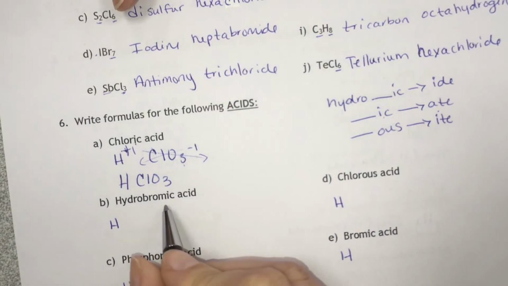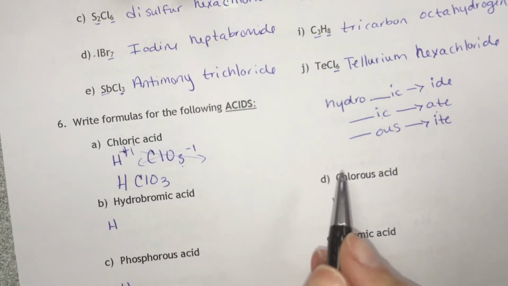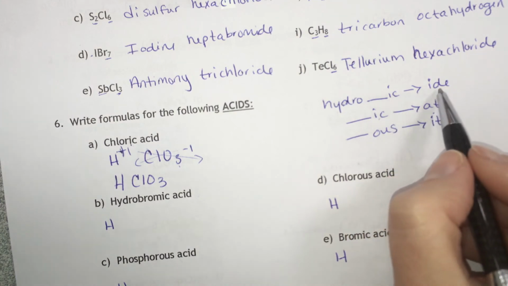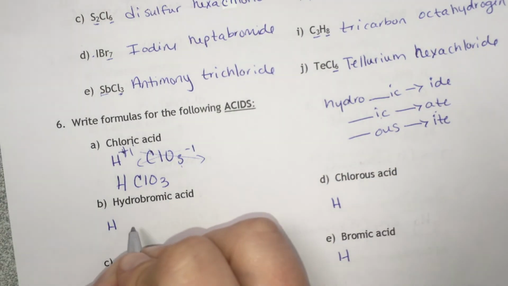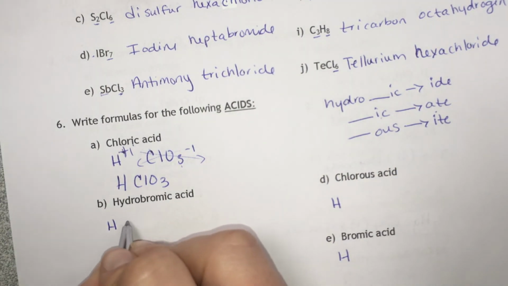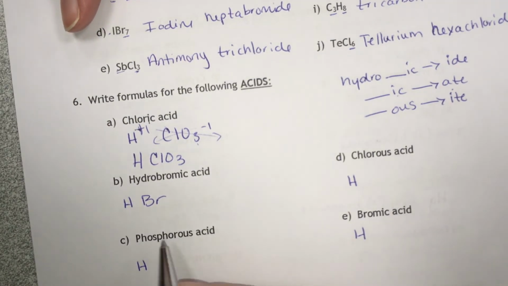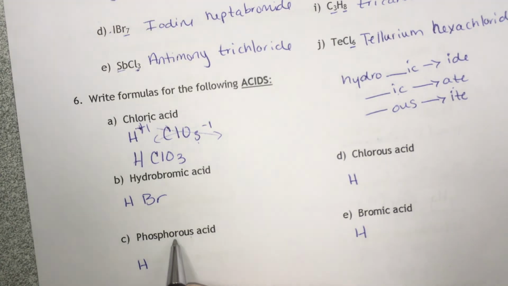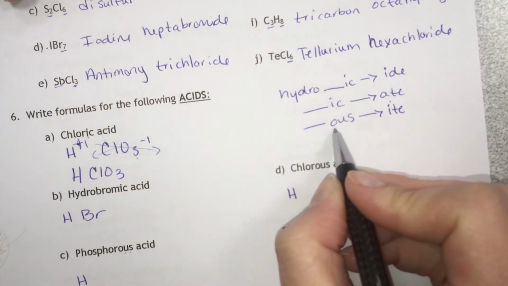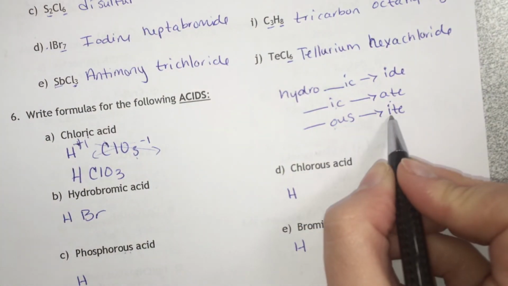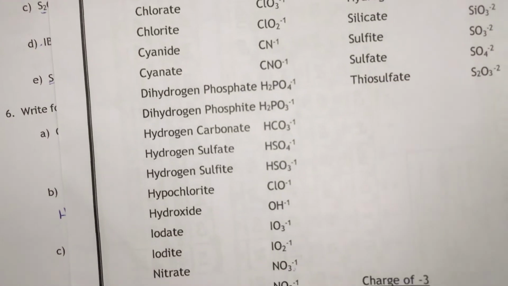Okay, hydrobromic acid. So you have hydro-ic, so that means it was bromide. That's just on the periodic table with a -1 charge. Okay, phosphorous acid, so OUS. The original ending was ite, so phosphite is what we're looking for.